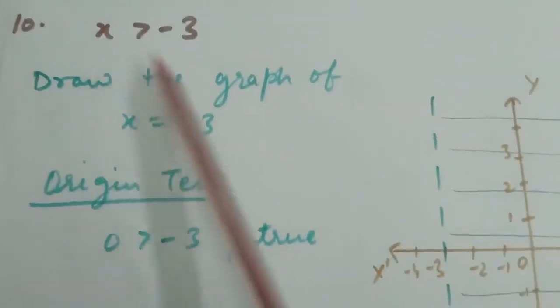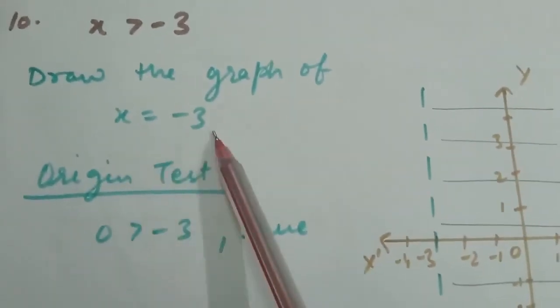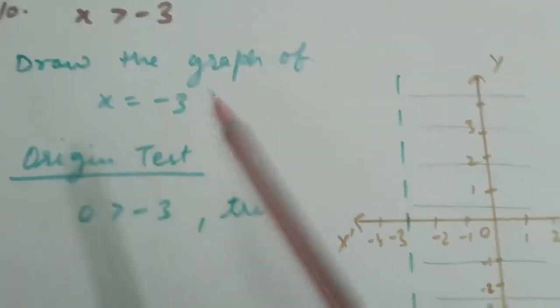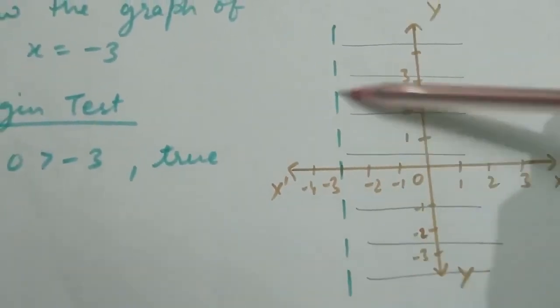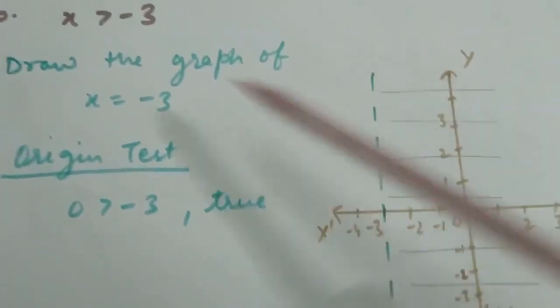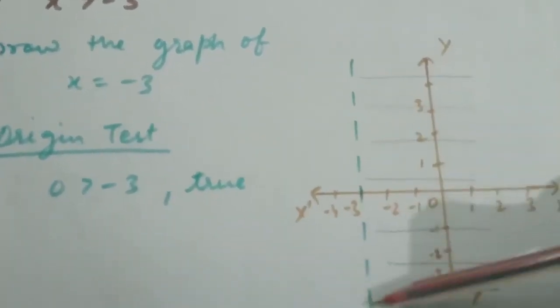Next is x is greater than minus 3. So first of all, draw the graph of x equal to minus 3. So this is our line of x equal to minus 3. Also, because equality is not given, therefore draw the dotted line.